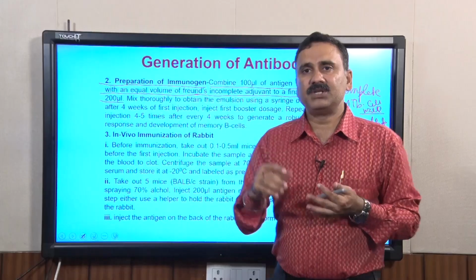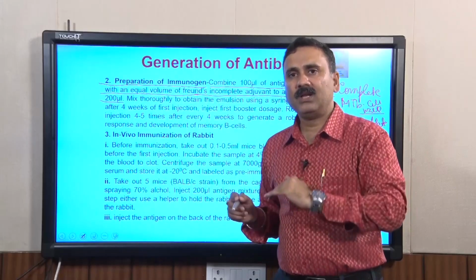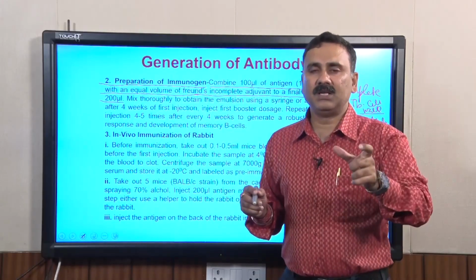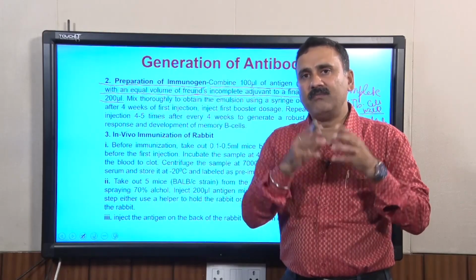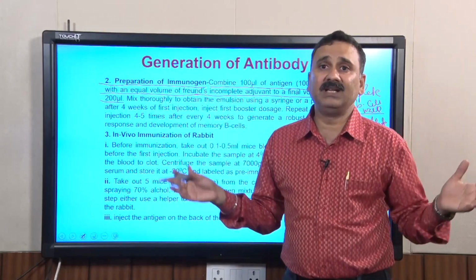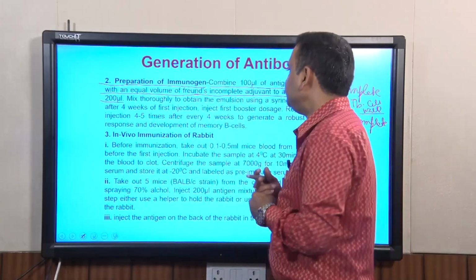But in the secondary injections, this MTB cell wall is not present. By the time the response to the Mycobacterium cell wall goes down, you inject the real antigen, and that is how the response will be very high, because the B cells in the active state are going to produce a large quantity of antibodies.